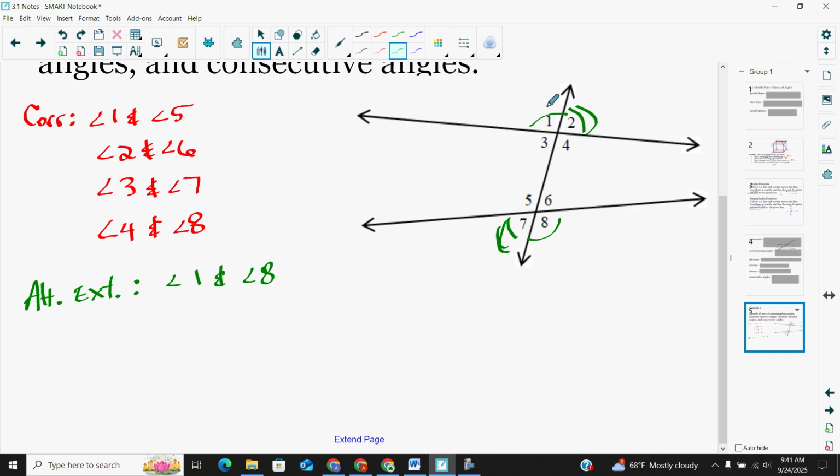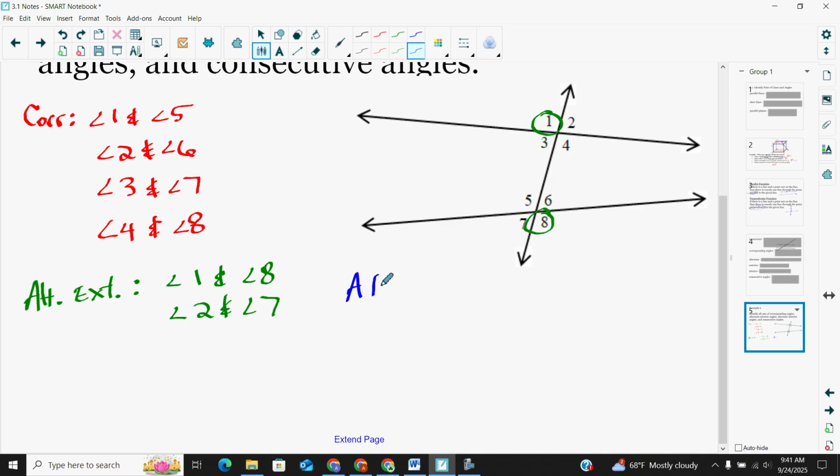And again, this is bad notation on my part. When I did 1 and 1 here, those are not equal to each other necessarily. They might be. So 1 and 8, 2 and 7, those are the ones that are alternate exterior. I suppose I should maybe circle them. Angle 2 and angle 7, alternate exterior.